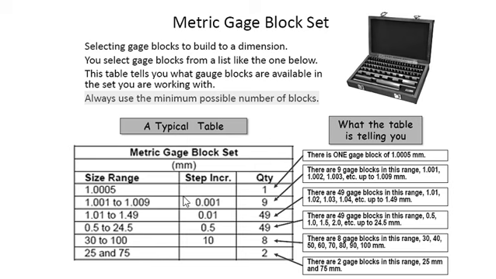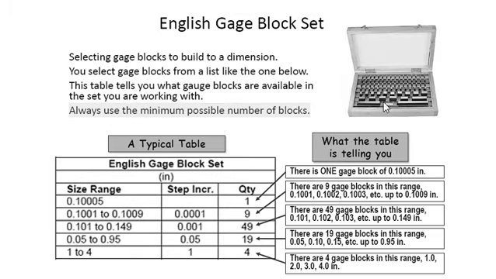So you have 1 in this size range, and then 9 from 1.001 to 1.009 millimeter. Your unit is right there, and so on. So you have 1, 9, 49, 49, 8, and 2 in this box, okay? This is your English gauge block set, and the same thing in inches: your unit, your size range, and then your quantities in that box, okay?